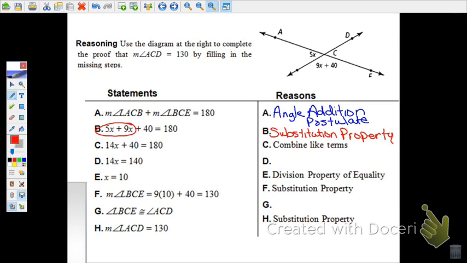Then going from C to D, what is happening? We're subtracting 40 on both sides. So we're using our subtraction property.